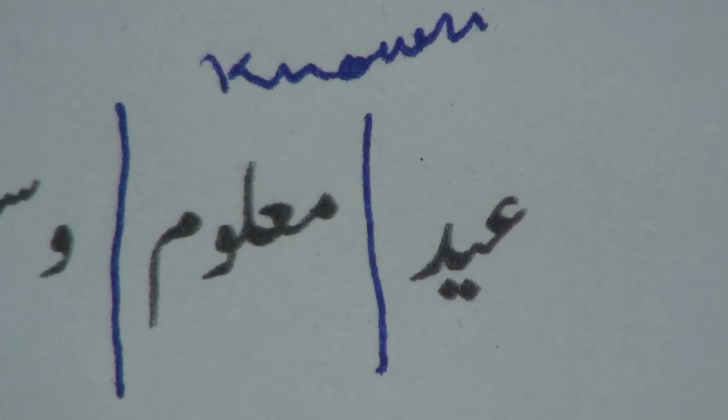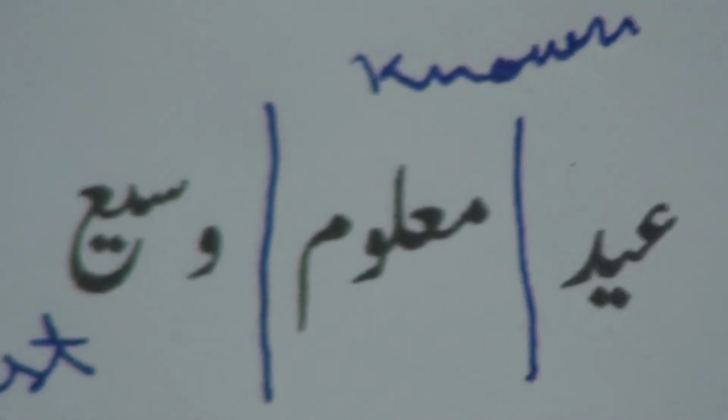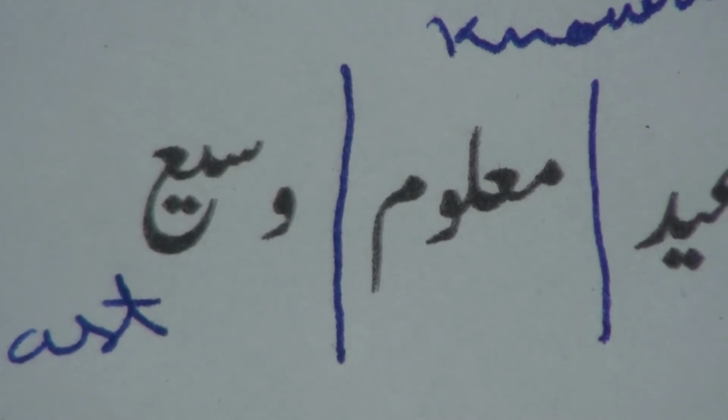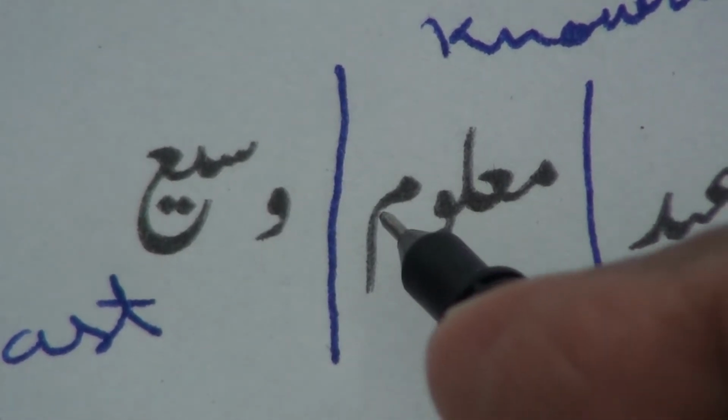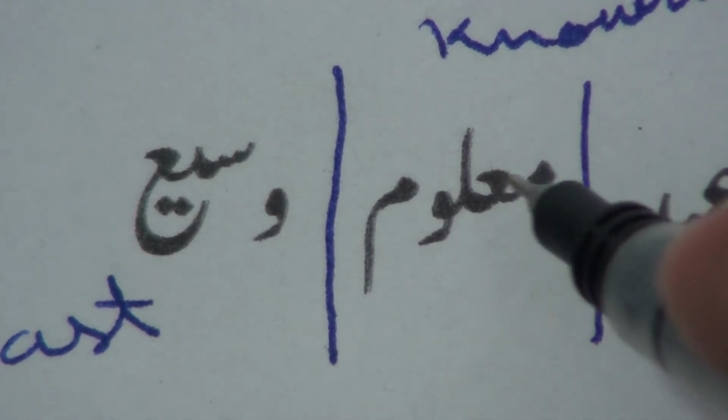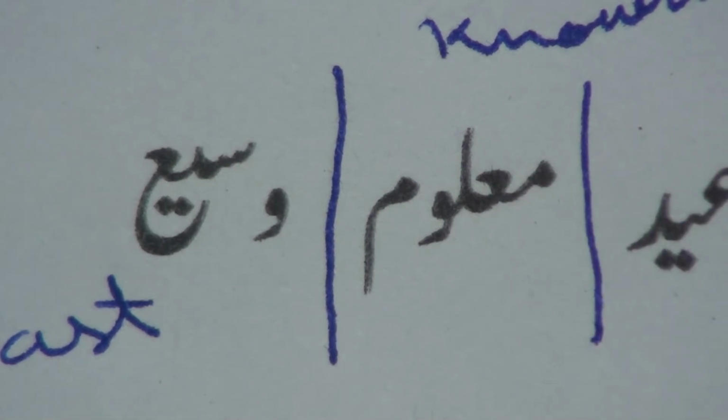The letters are mim, ayn, lam, waw, mim. The shape is quite changed. Malum.